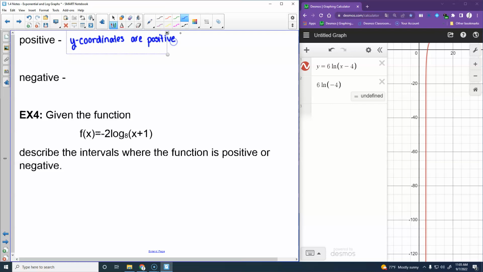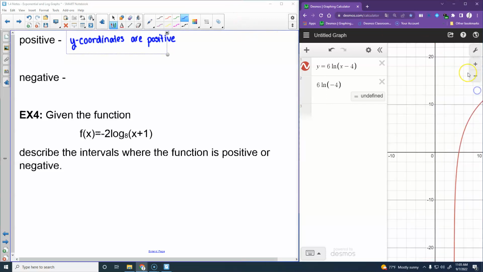And if we have positive y coordinates, what quadrants do we end up in? 1 and 2. It's above the x-axis, right? So whenever we're looking at our graph, we're going to see that as the line is above the x-axis.